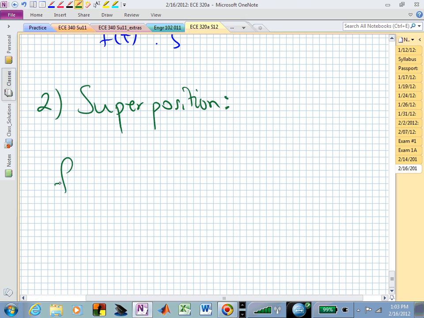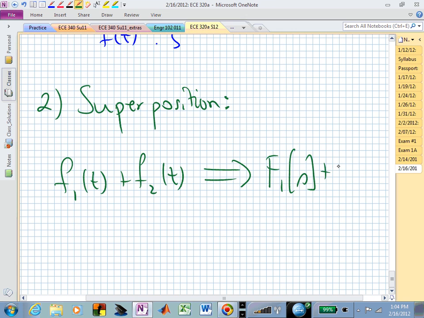How do we do that in functions or time domain waveforms? Now we say, if we have the Laplace transform of little f sub 1 and the Laplace transform of little f sub 2, then if we want the sum of those Laplace transforms, that's simply going to be F sub 1 of s plus F sub 2 of s.